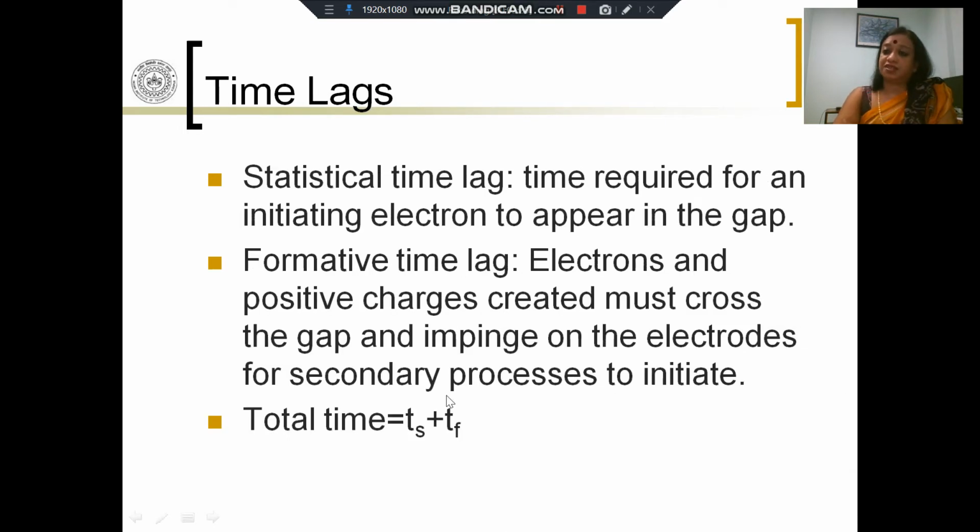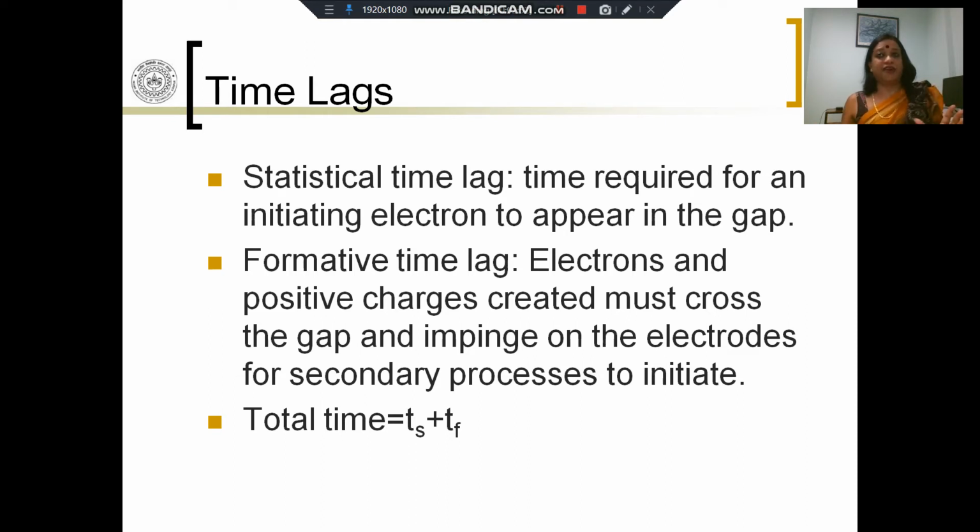But after the statistical time lag, when the first initiating electron has appeared, these electrons have to be accelerated from the cathode to the anode. They have to provide ionizing collisions, enough number of ionizing collisions to produce the adequate number of electrons and secondary electrons, etc. So all this will take some time, some finite time.